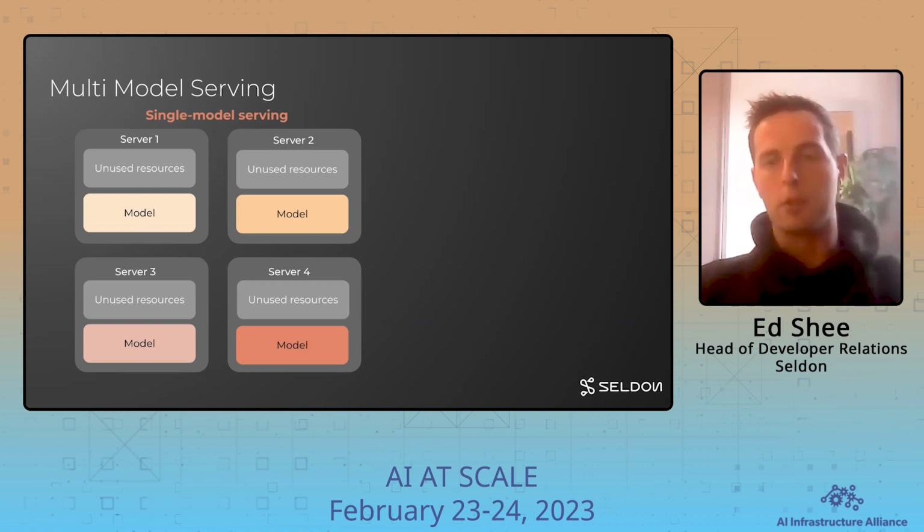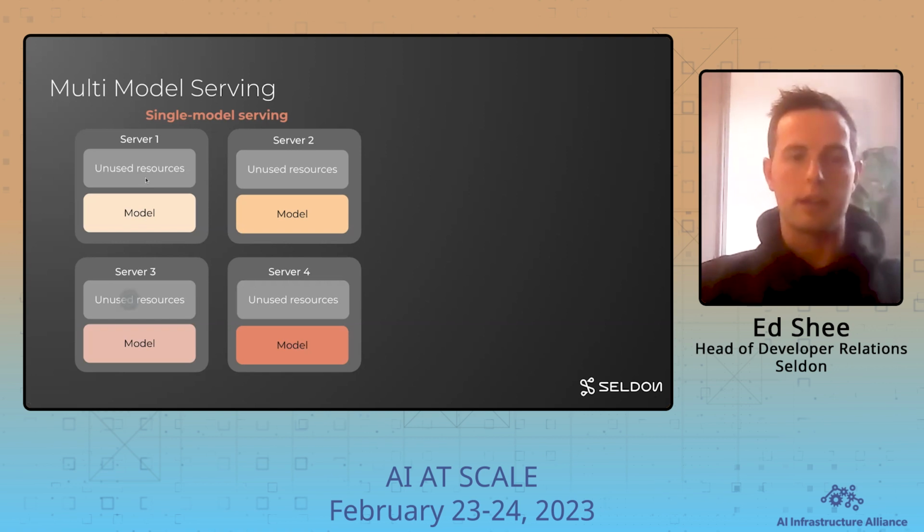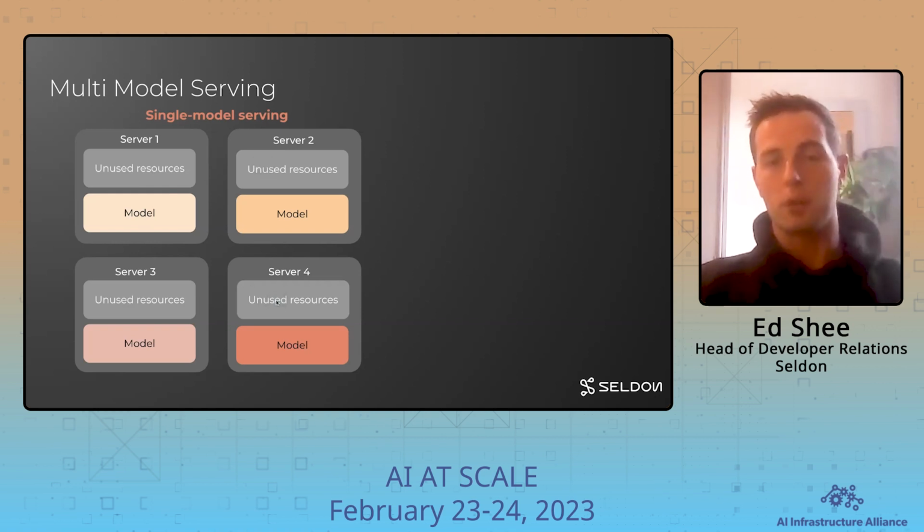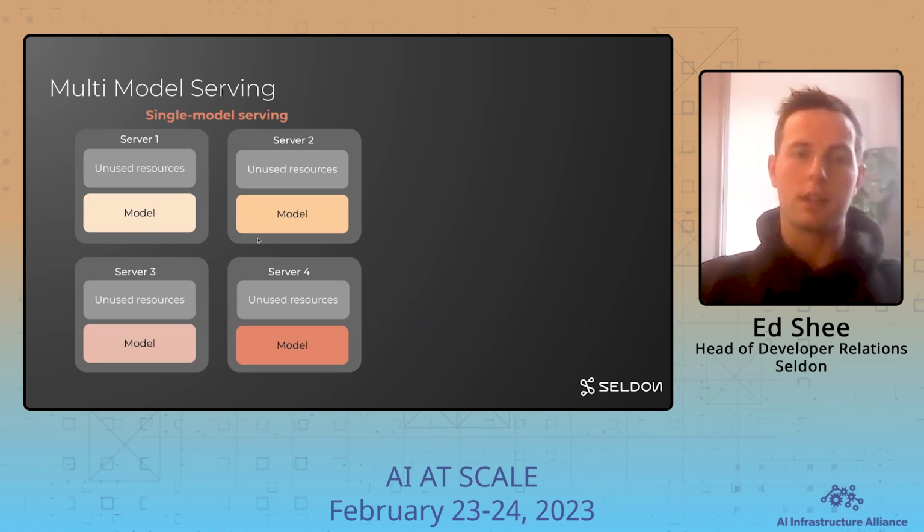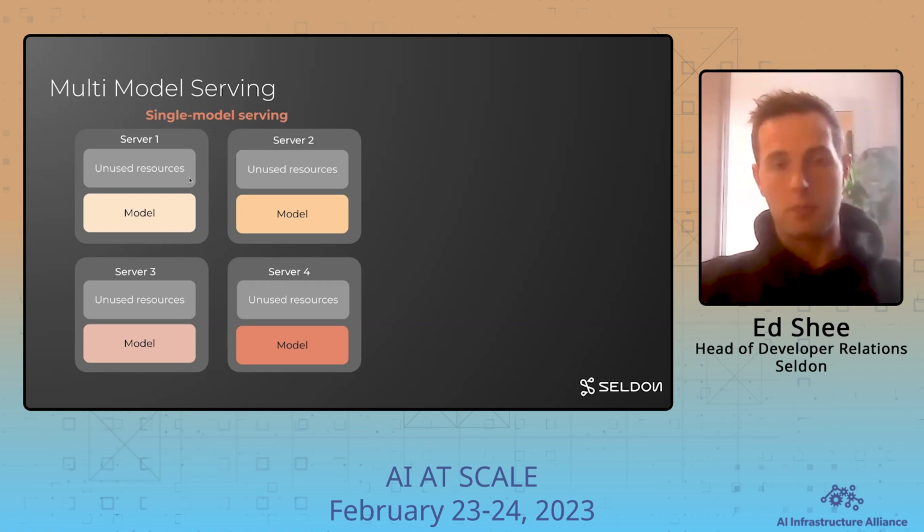Then I deploy another model and do the same thing, and I deploy another model. Each of these has overhead associated with it. There's the framework. If it's a TensorFlow model, TensorFlow is a pretty heavyweight runtime. You might find that the vast majority of your infrastructure usage is just the framework overhead for those lightweight models. If you want to run 4 of them, you've got to run that framework 4 times.